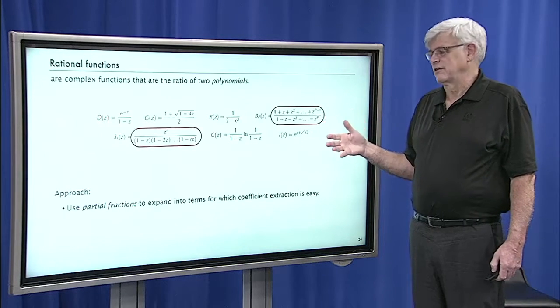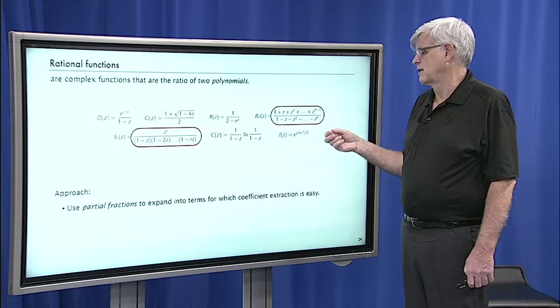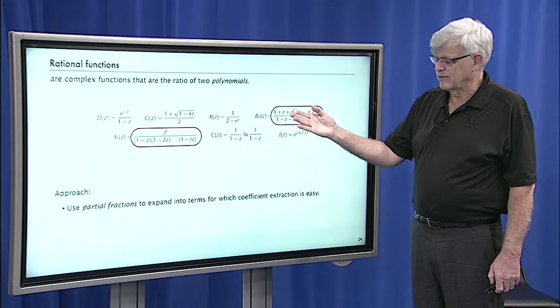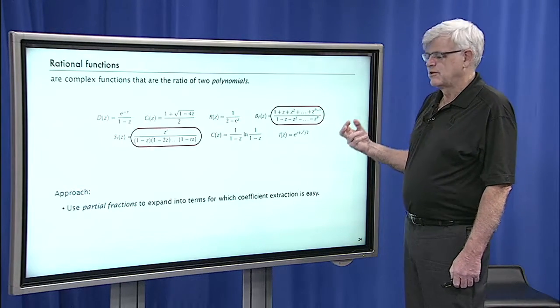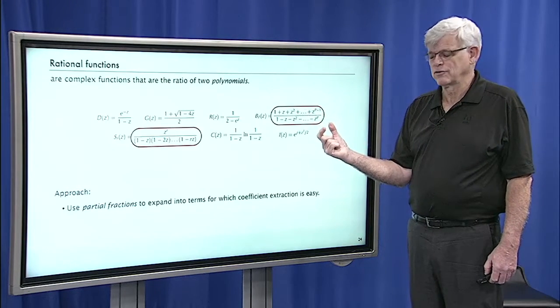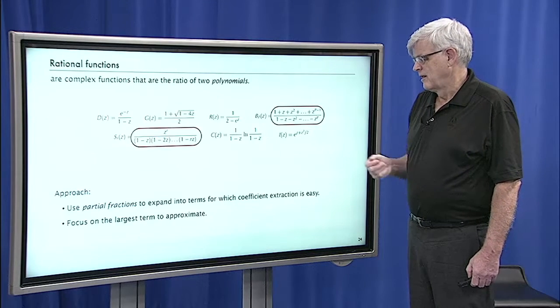And the approach is simple. It's actually familiar. We're going to do just what we do with real functions. When we encounter a ratio of two polynomials with real functions, what we do is we use partial fractions to break up into simpler terms where it's easy to get the coefficients out.